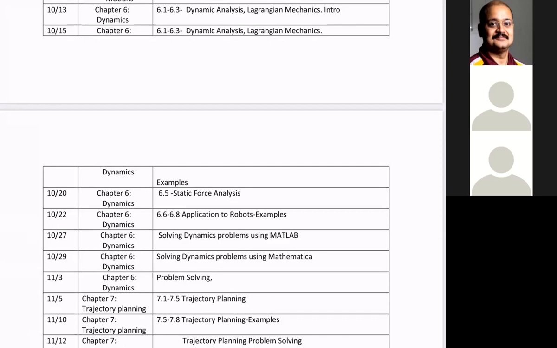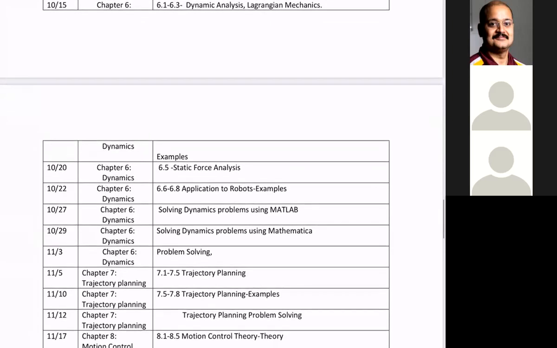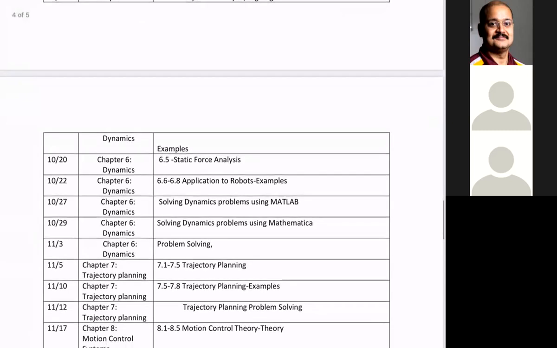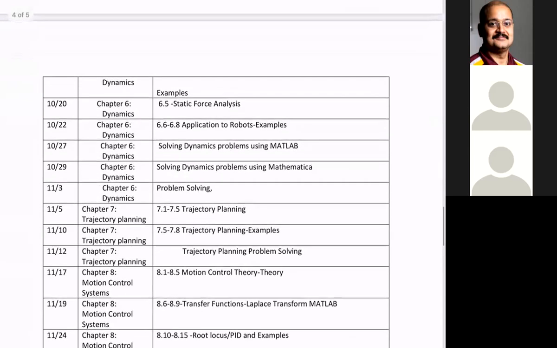So we will solve at least 7 to 8 robots from start to finish by hand and then by using Mathematica and MATLAB. That should give you a very good understanding of how to use computer algebra to solve robot problems. Then we have trajectory planning, which is chapter 7 from your textbook.